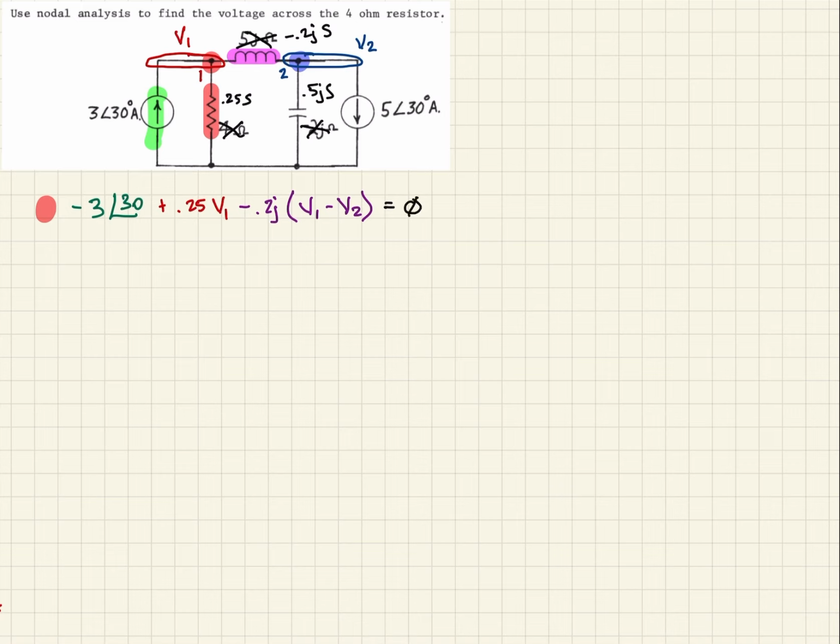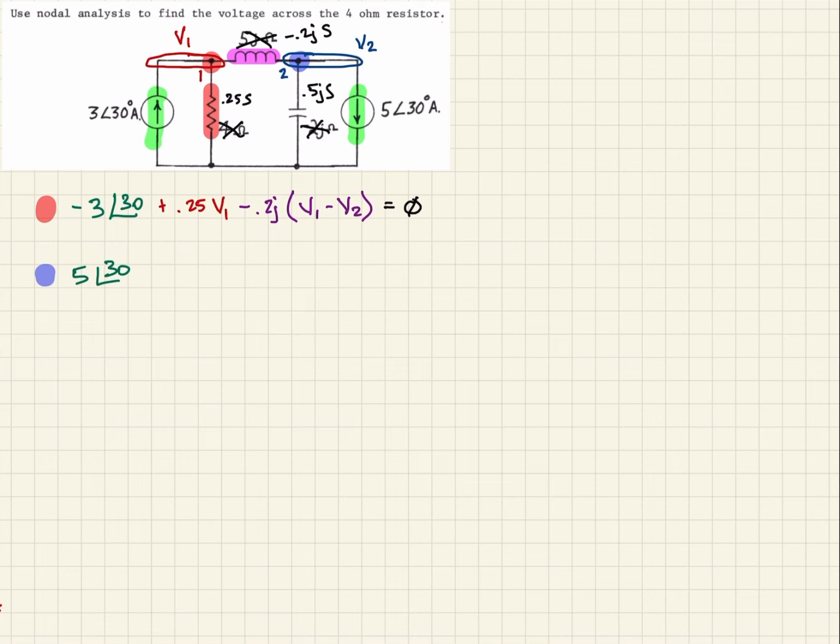All right. So now we want to go over to node 2, which we designated as blue. When we look at this one, we have another current source. Again, leaving the node we've set as positive, so this is going to be a positive 5 at an angle of 30 degrees.